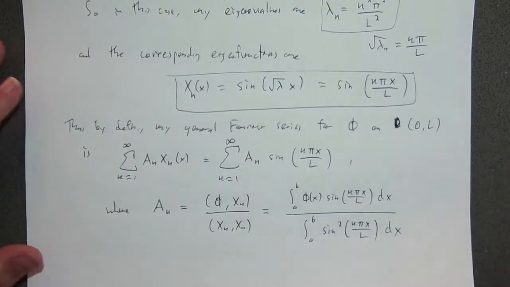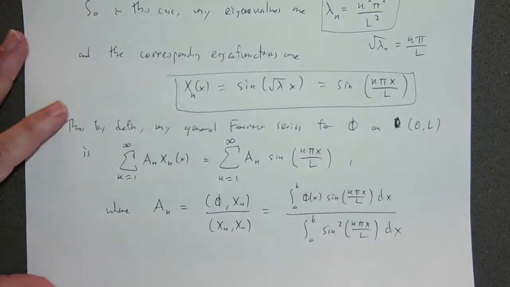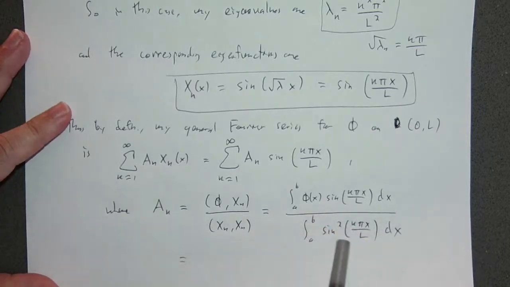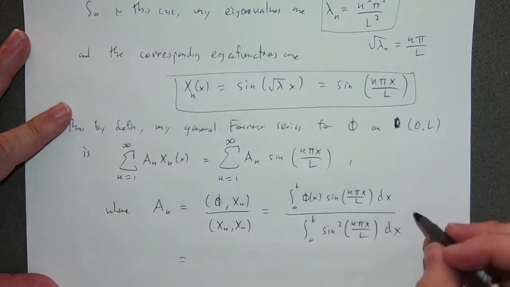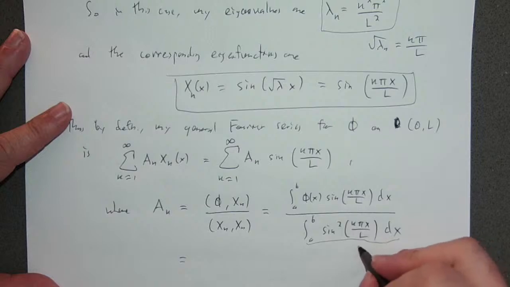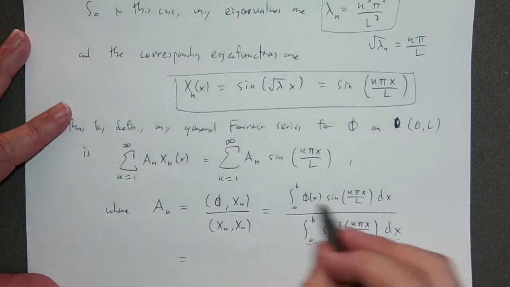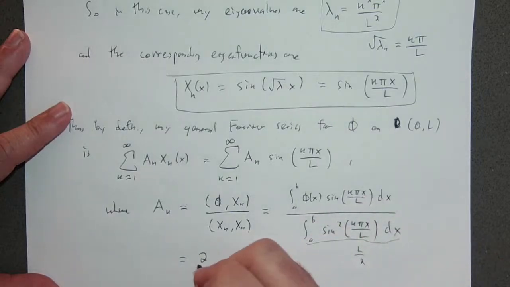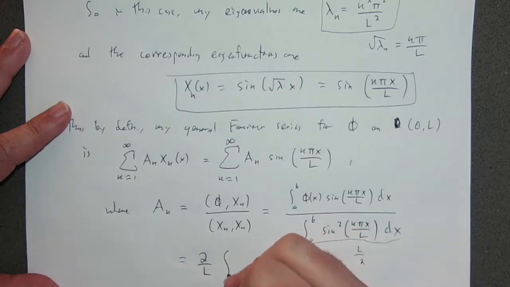One of the orthogonality relations that you have to prove in the homework that's due tonight is that this, as we've seen previously, is L over 2. And so all of this over L over 2, which is 2 over L times the integral.